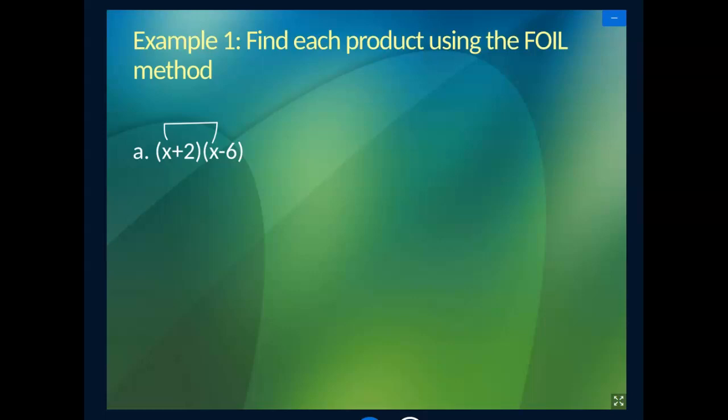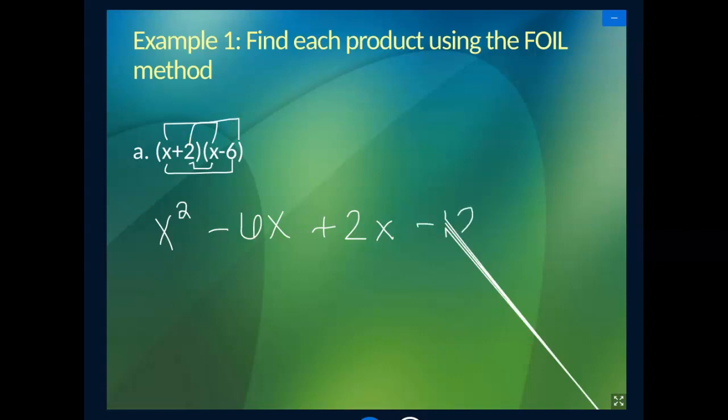So x by x is x squared. So that's the first. The outer is x times negative 6, so you get minus 6x. Inner, positive 2x, and last, negative 12.